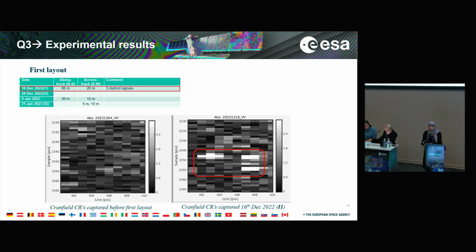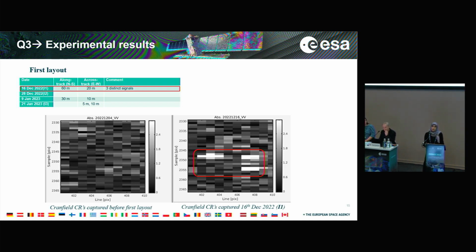In the first experiment, we put the corner reflector with 60 meter distance from the central corner reflector in along track direction, and 20 meter distance from the central one in across track direction.